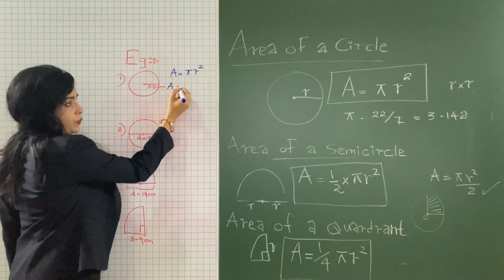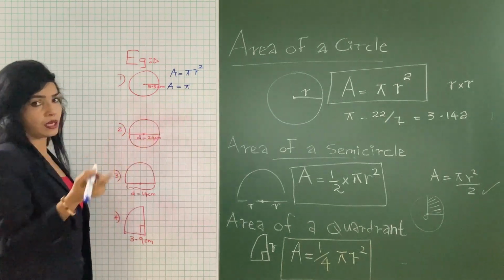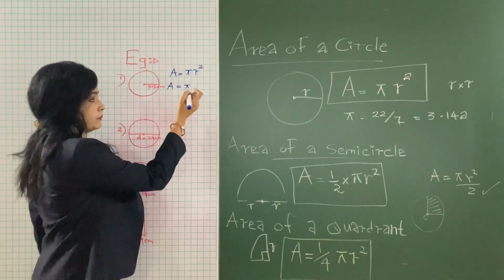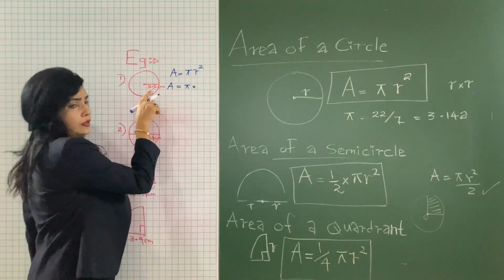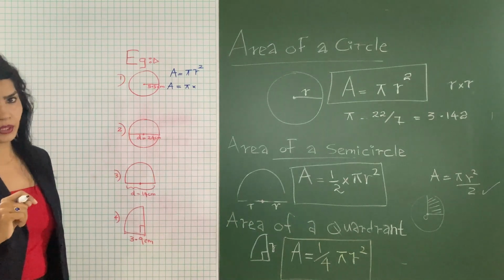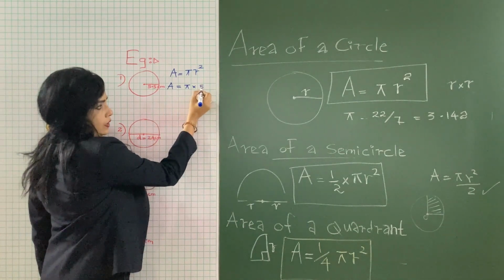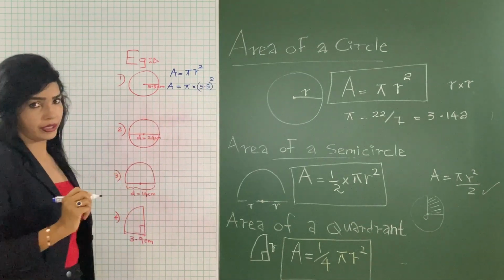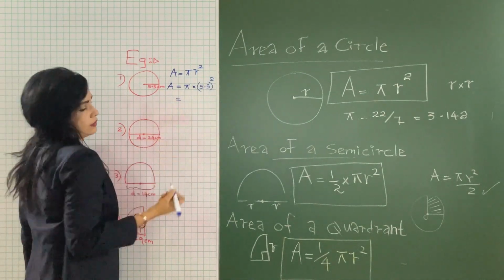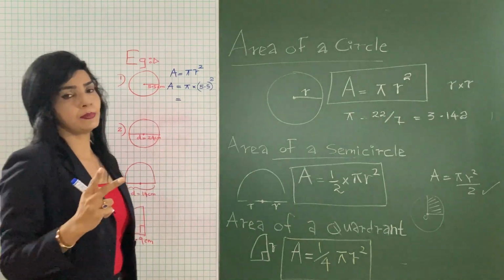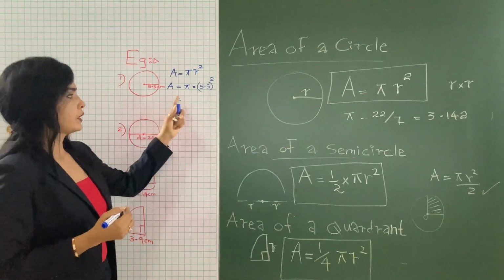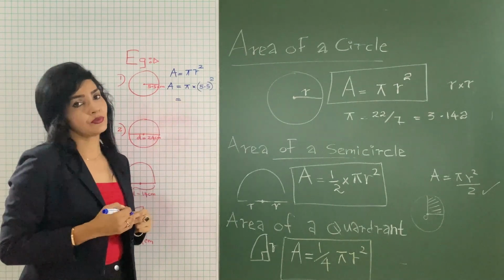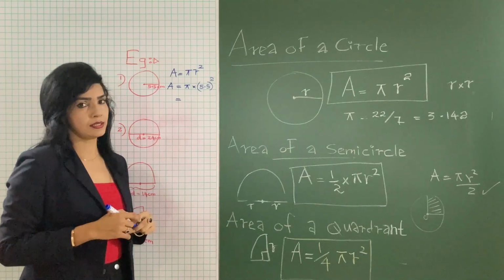So area is equal to pi, you can use the calculator pi value, or else you can use 22/7, into the radius, which is 5.5, to the power 2. So what is the answer? Calculate this using your scientific calculator and write the answer to 2 decimal places. What is the answer?